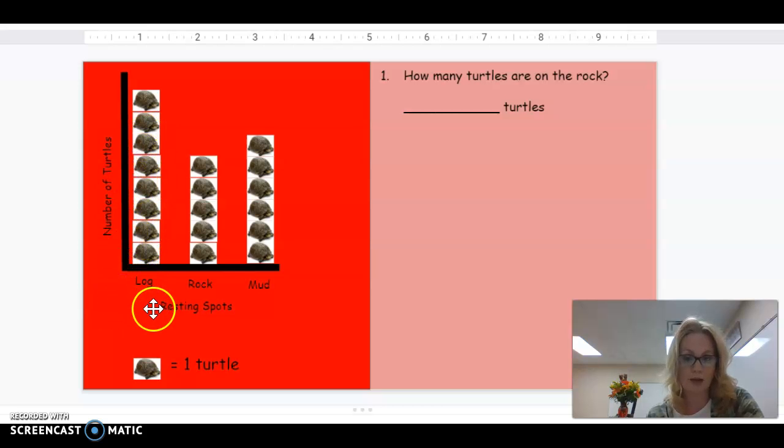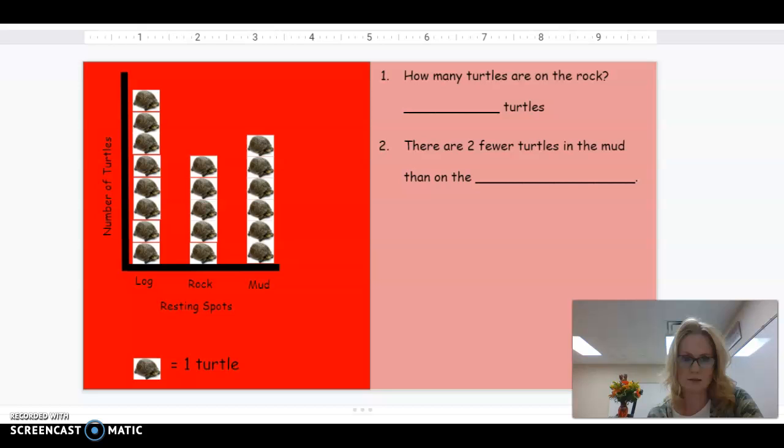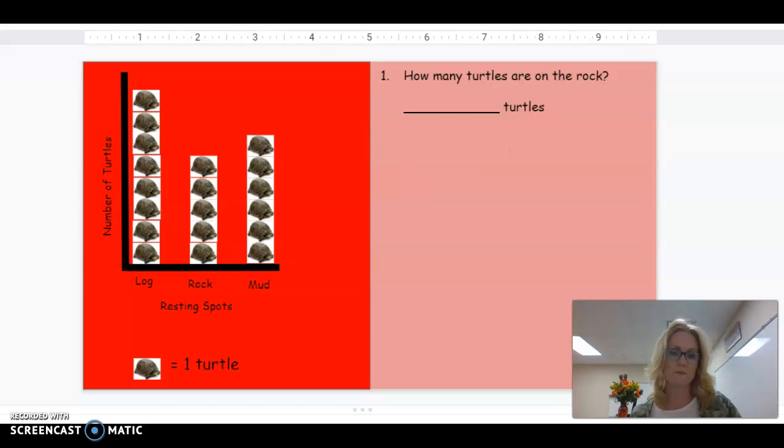See how many turtle pictures there are on the rock. How about the mud? When the turtles are stacked, that means we count up to know how many there are in each resting spot.